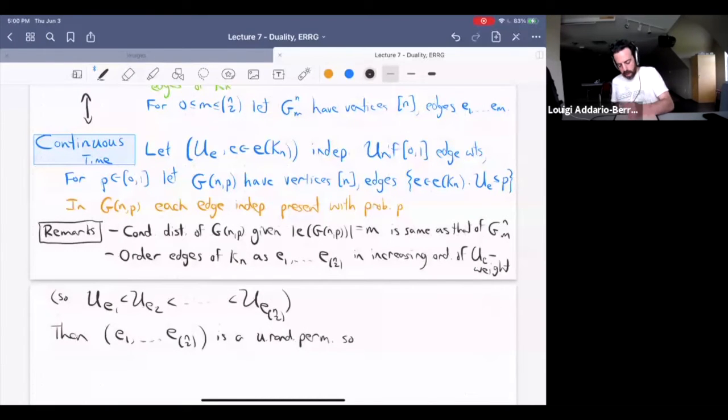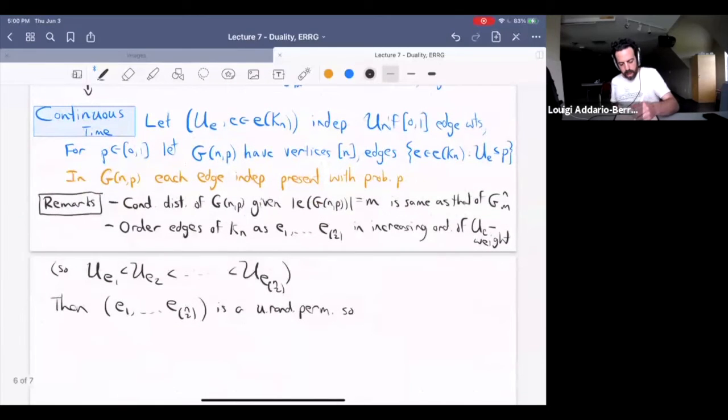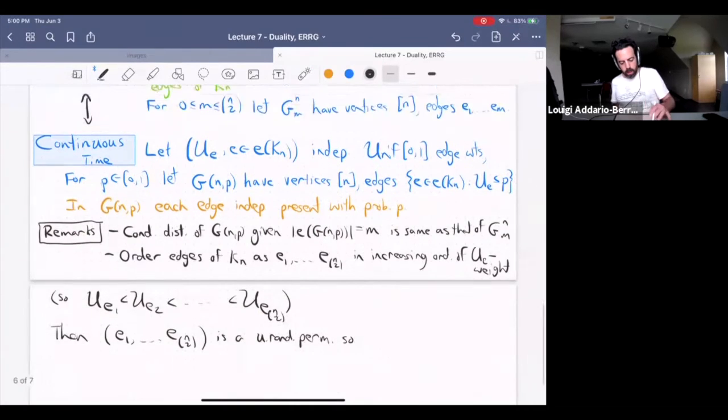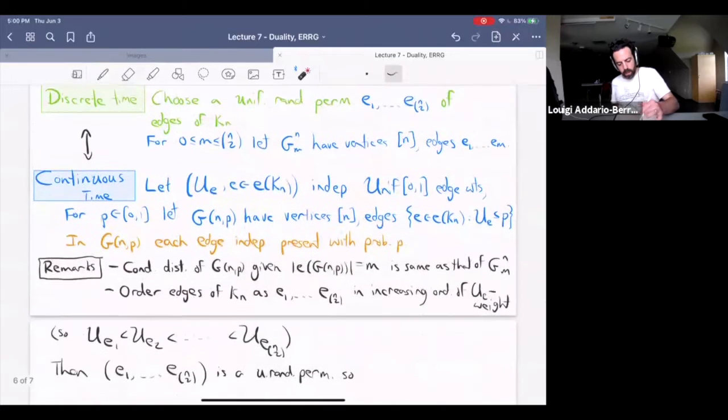And so that means that if we add the edges as we increase p from 0 to 1, this is the order in which the edges get added. Okay, but that's just a uniform permutation, like what we did in discrete time.